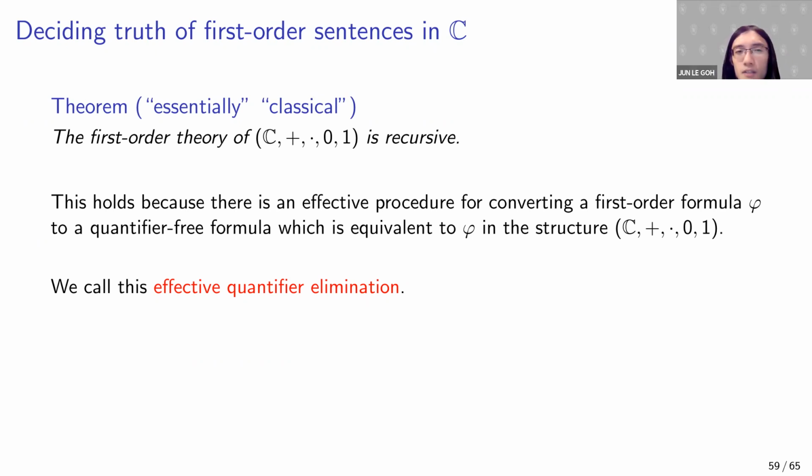If we can do this, then it gives us an algorithm to compute the first order theory. Well, why is that? Let's say I give you a first order formula and I'm asking you whether it's true in this structure. The first thing you do is you convert it into a quantifier-free formula.